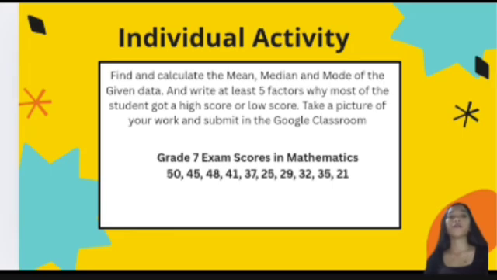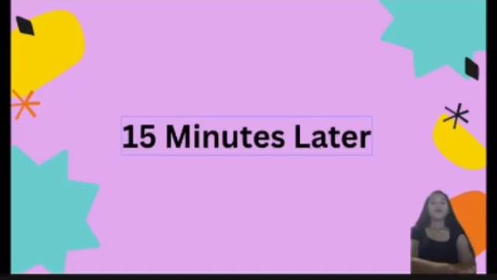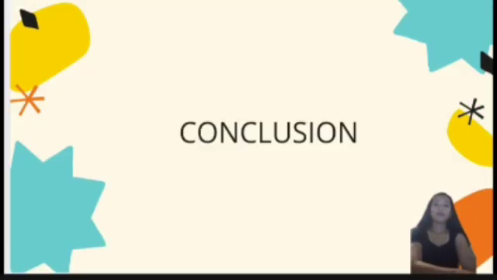Then take a picture of your work and submit it in the Google Classroom. I will be posting a portal for the submission of your activity this day. Okay, time's up. I will be checking your works later.